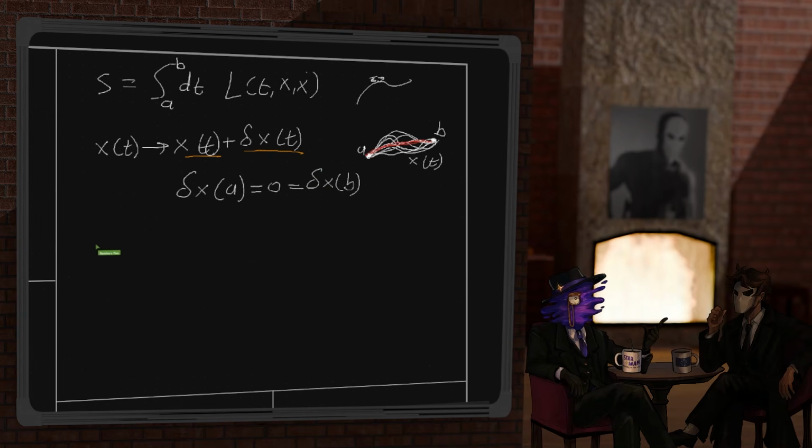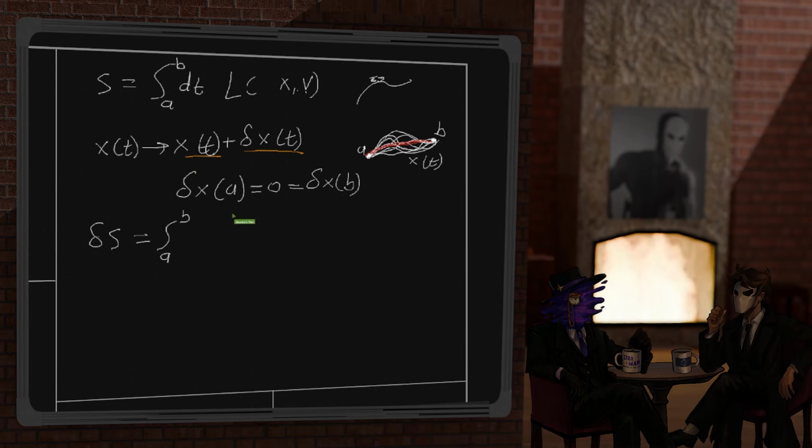Now we can actually see how our action is going to change when we take one of these other paths instead of the normal one. In this case, for simplicity, let's just entirely forget about time. It's a function of x and v, which means that as we change the path, we are also implicitly changing v. We don't even care what happens with the v.